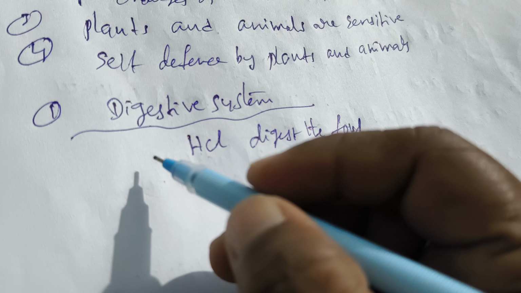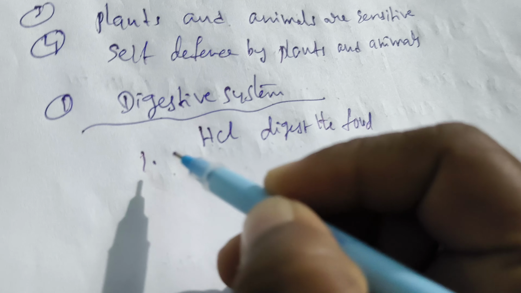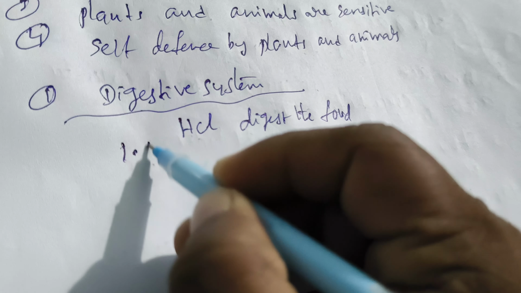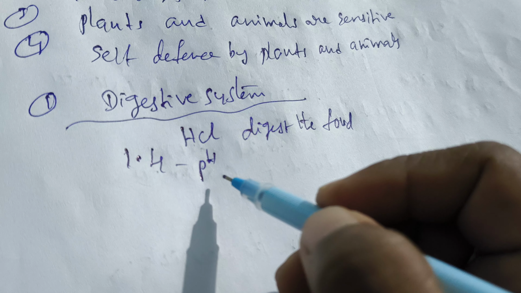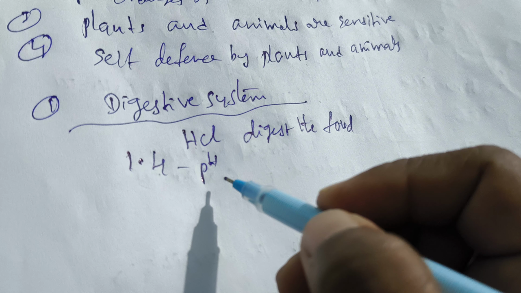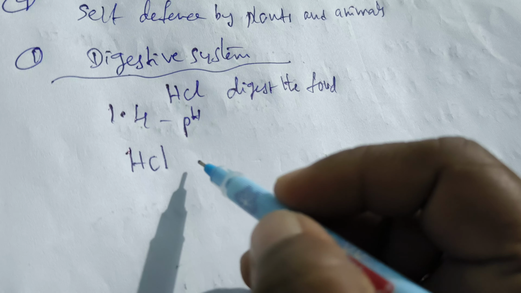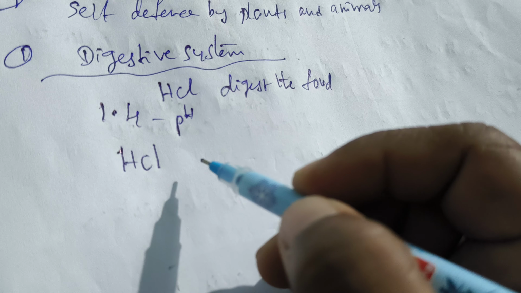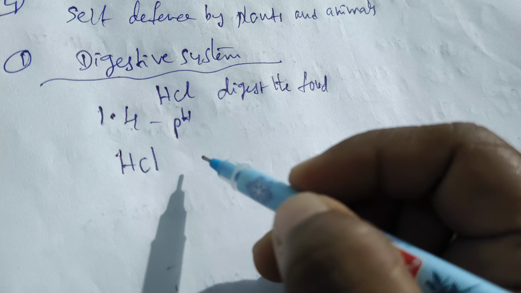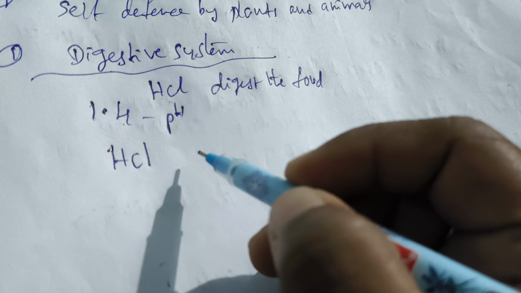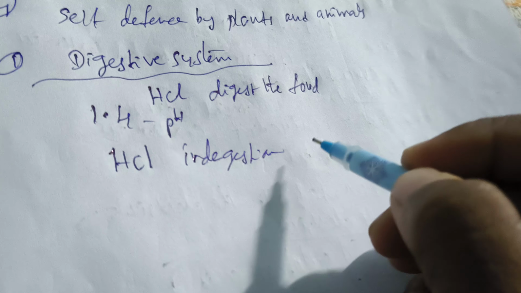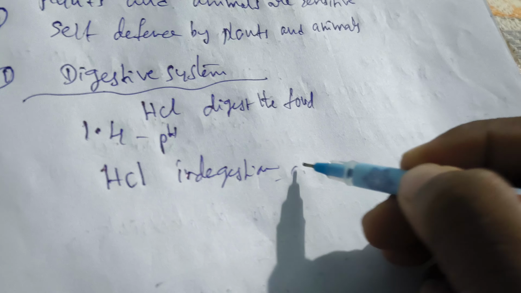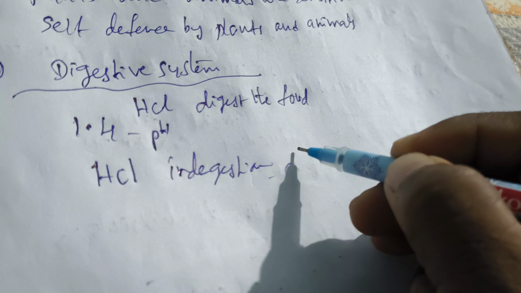As we previously discussed, gastric acid has a pH of about 1.4 without harming the stomach. Sometimes, if excess hydrochloric acid is released in the digestive system, it produces indigestion, and we get stomach pain or irritation.